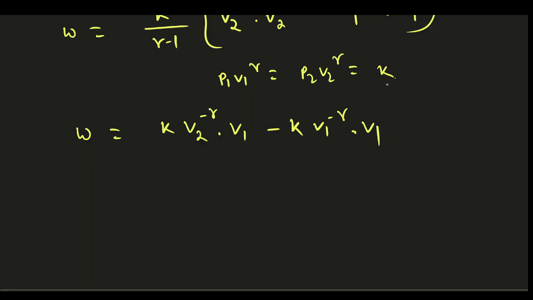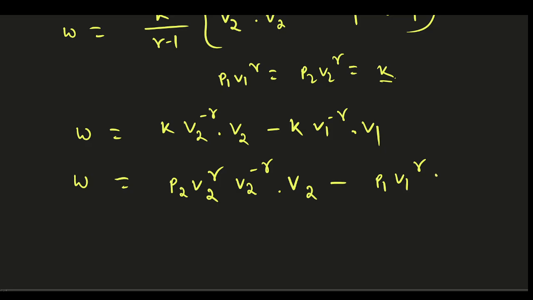So to put the value of k here, W equal to, for the first term I can put P2 V2 to the gamma, and V2 to the minus gamma, and minus, k again I put here, P1 V1 to the gamma, V1 to the minus gamma.